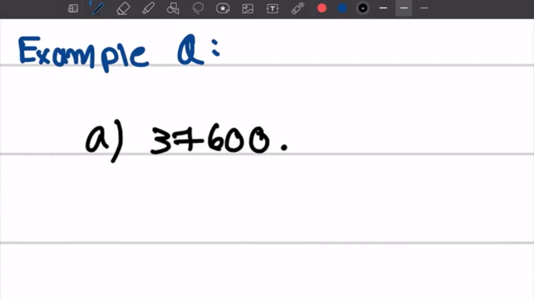Now, you know that a has to be a number between 1 and 9. So the trick is you have to move the decimal place to after the first number. So count how many spaces. It goes 1, 2, 3, and 4. So it takes 4 times to get to 3.